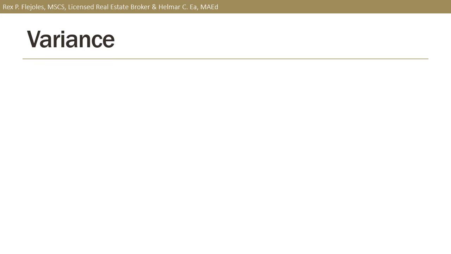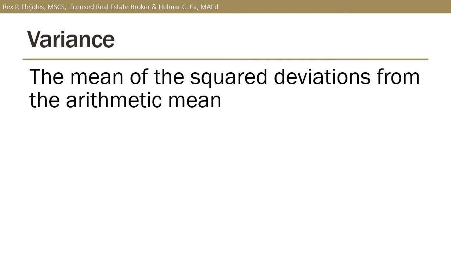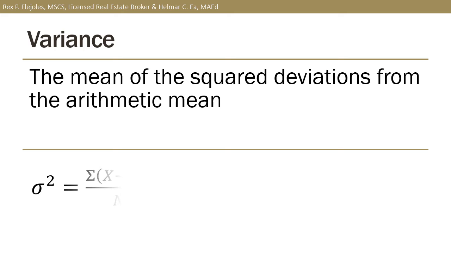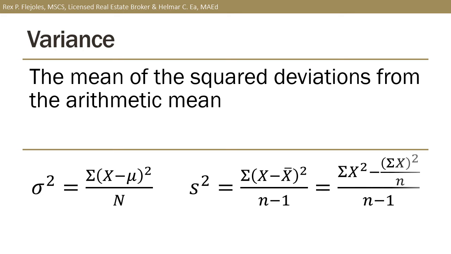Next is the variance. It is the mean of the squared deviations from the arithmetic mean. A different formula is used for a data set of the population and a data set from a sample. For the population, the formula is denoted by the squared lowercase sigma, which is equal to the sum of the squared deviations from the arithmetic mean divided by the population size.